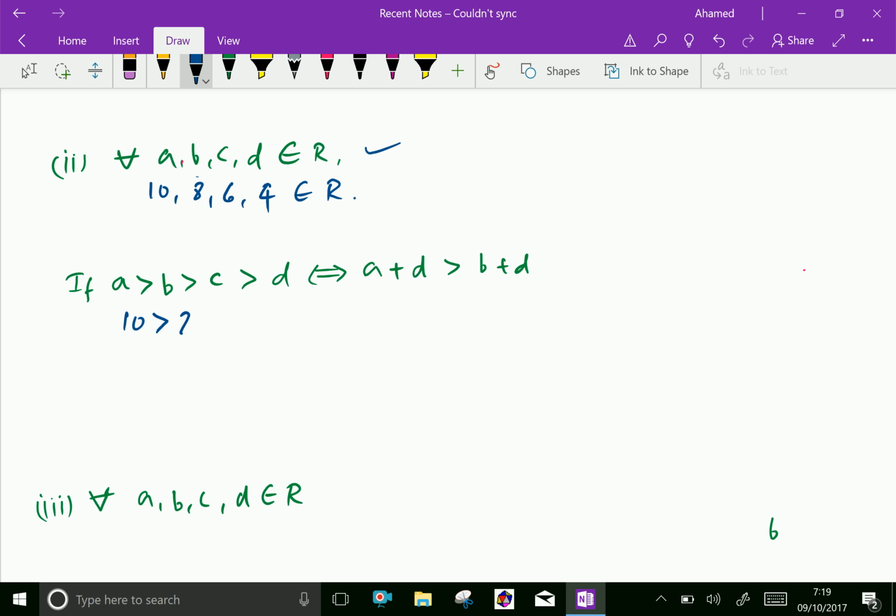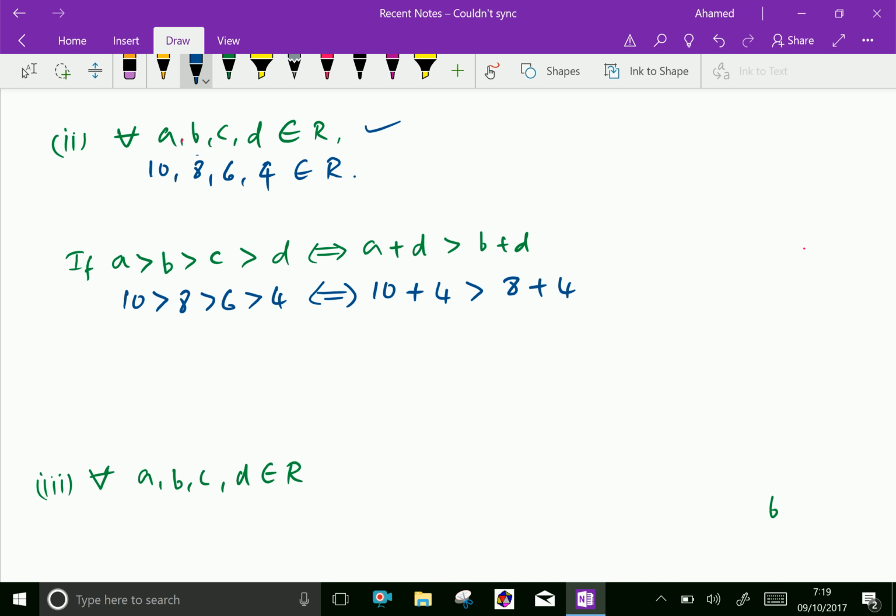Then we can say A plus D, 10 plus 4, is greater than B plus D, 8 plus 4. Of course here 14 is greater than 12.